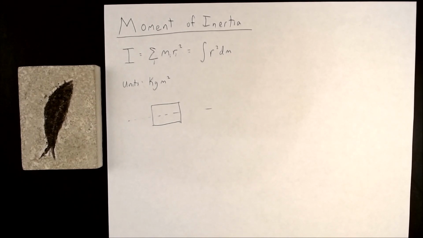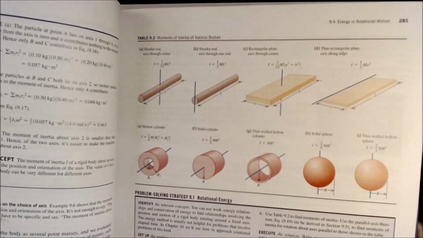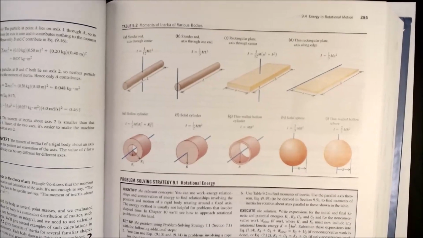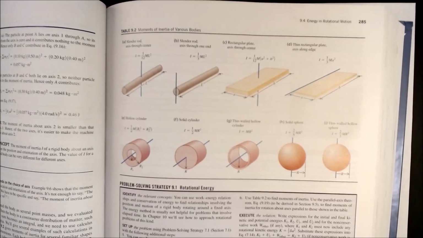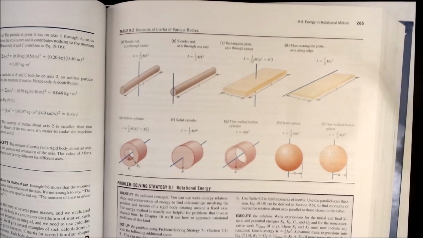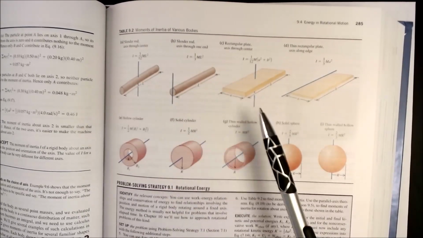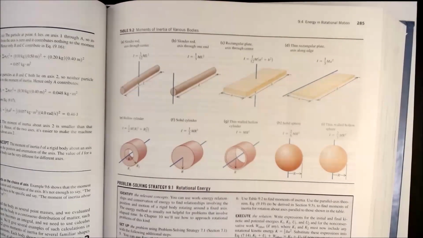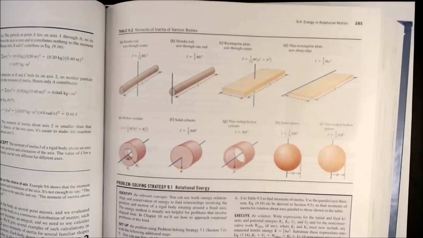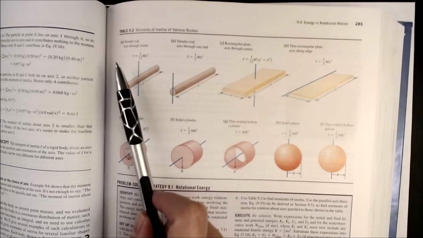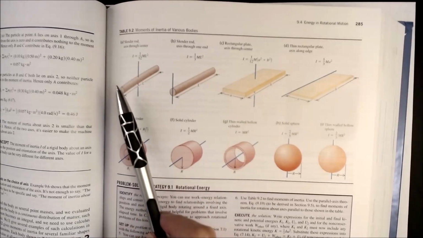You can find the list of those from the book. This table shows the moments of inertia for various objects, calculated using that integral. We've got slender rod, axis through center.